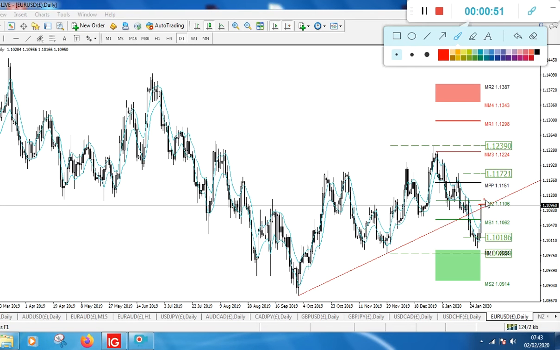We're gonna have a reaction up here, because we got these highs. So probably gonna have a reaction, and it depends how the candle is gonna look.